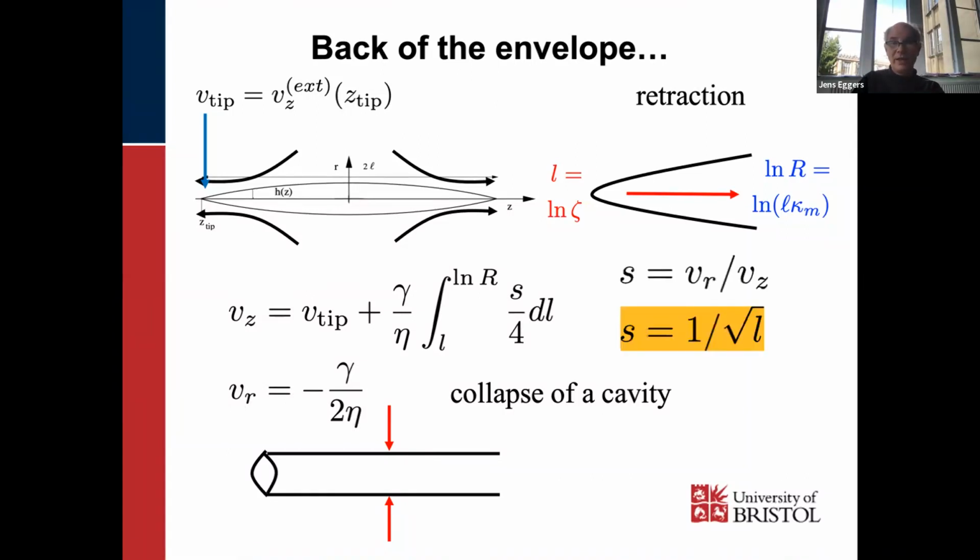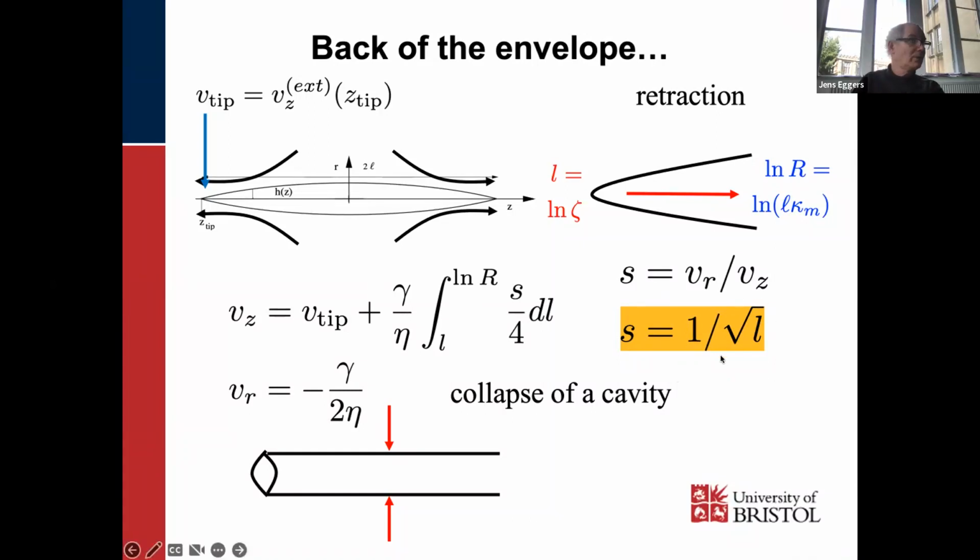And when I have the radial and the axial velocity, I can relate that to the slope. And from solving this set of equations here, one can see, which is something I will do in a little more detail in a second, that the local slope goes like 1 over the square root of L.